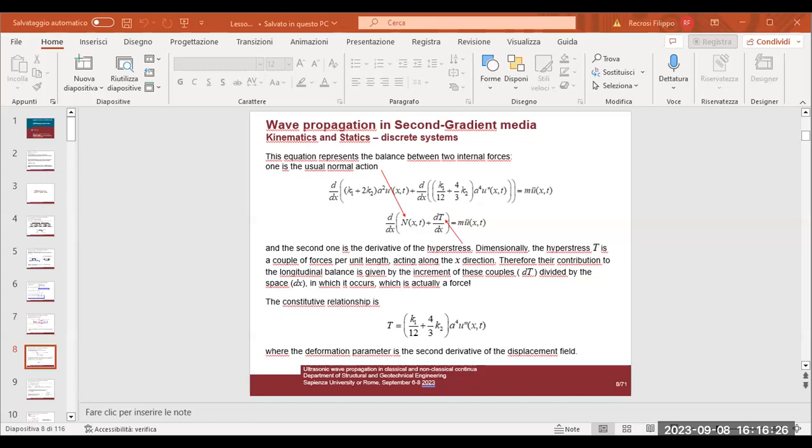I'm seeing slide number 8, wave propagation in second gradient media. Sorry, can you repeat, because the audio is very low. I'm seeing the 8th slide, titled wave propagation in second gradient media. But is it the large one? Yes, the large one.